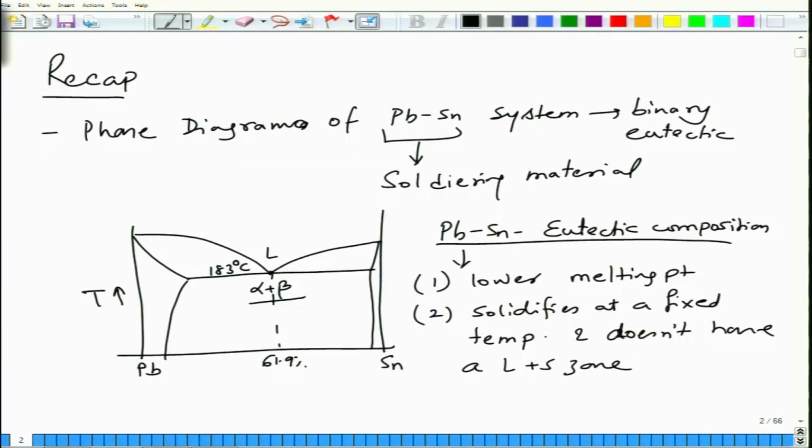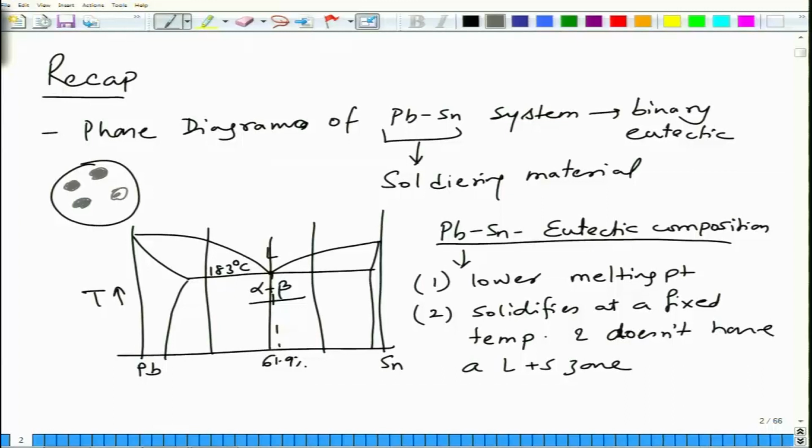However, we looked at microstructural evolution in various regimes. So we chose 3 regimes. One is the hypoeutectic regime, second is eutectic regime, third is the hypereutectic regime. And when we look at the microstructure, in the hypoeutectic regime, you had these crystals of proeutectic phase of alpha.